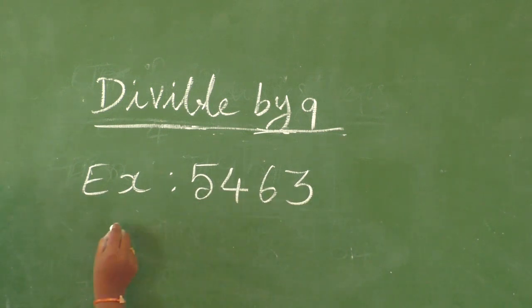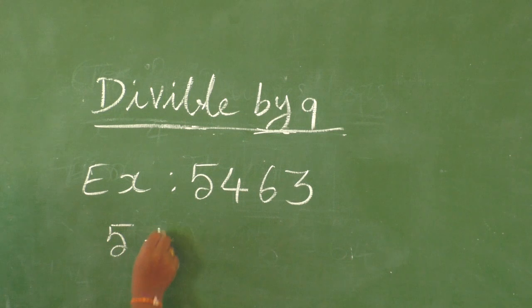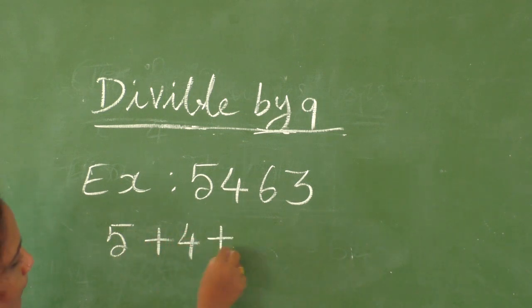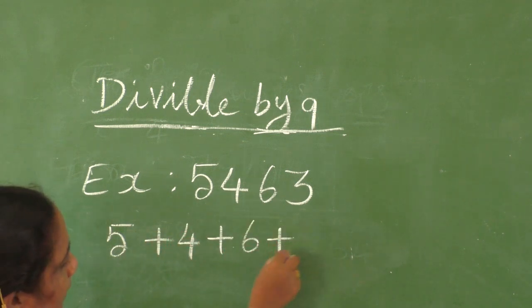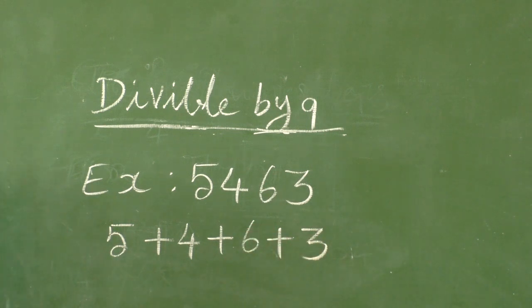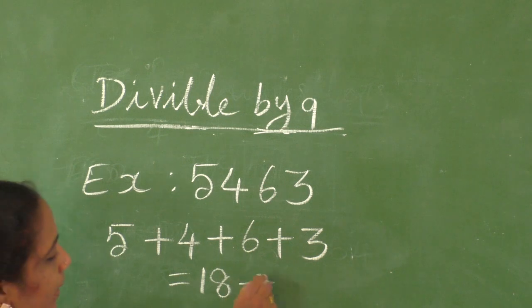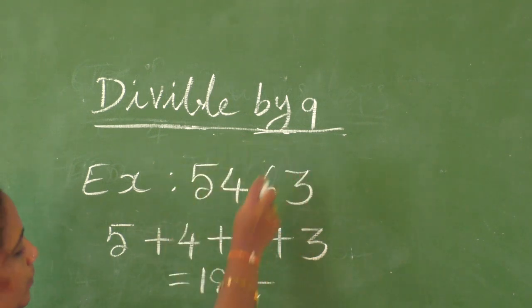See, first the sum of the digits: 5 plus 4 plus 6 plus 3. 6 plus 4 is 10, 10 plus 4 is 15, 15 plus 3 is 18. So the sum is 18.